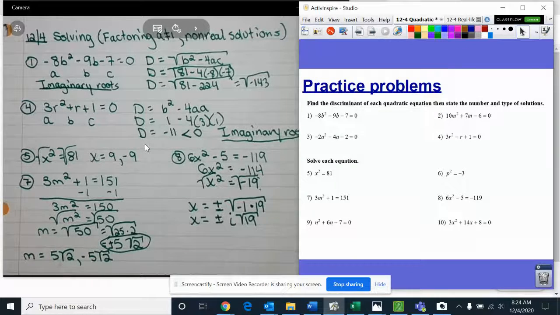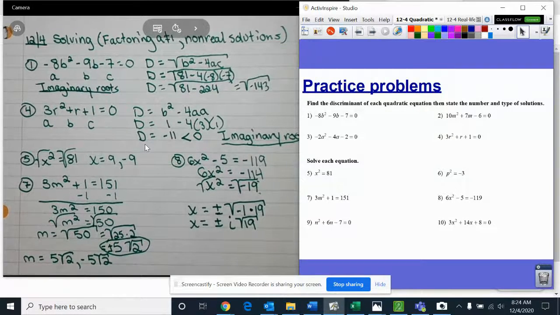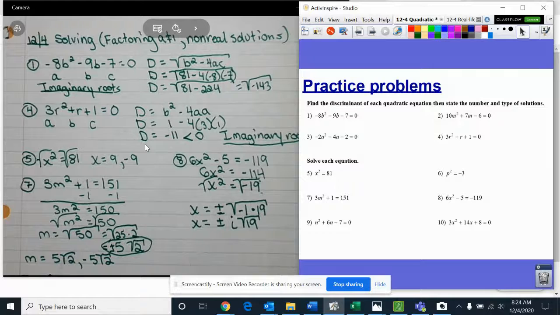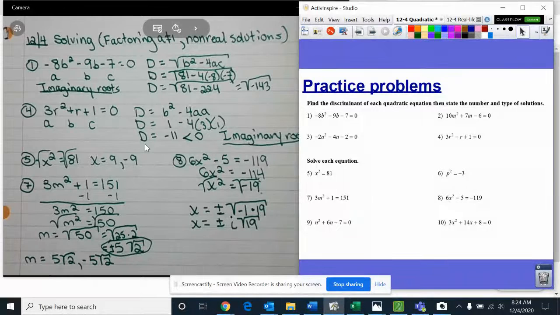In number 9, you're factoring. We have n squared plus 6n minus 7 equals 0. Because our leading coefficient is 1, we can just consider what two numbers multiply to that 1 times negative 7. So that's the A times C idea.